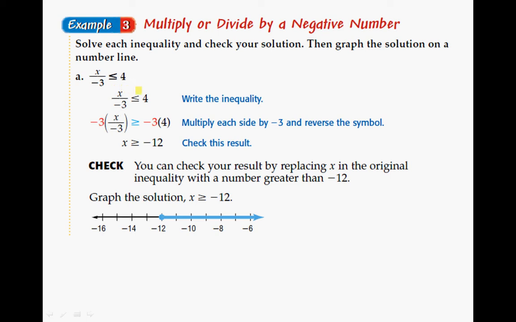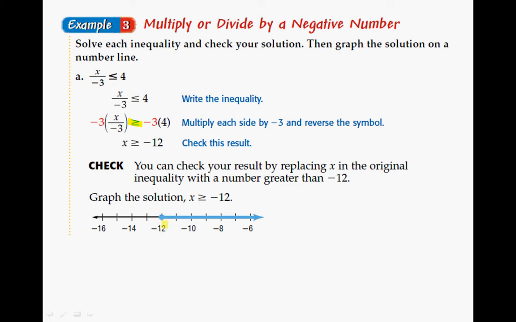So that means I need to undo the division by multiplying by negative 3 so that my x is positive. But when I do that, you need to make sure you flip that inequality symbol, so that negative 3 times 4 is negative 12. So my answer has got to be x is greater than or equal to negative 12.